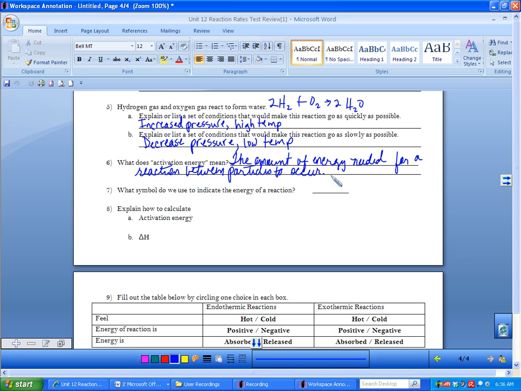What symbol do we use to indicate the energy of a reaction? We use a delta H. Explain how to calculate activation energy and delta H.